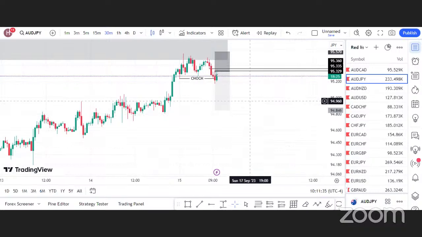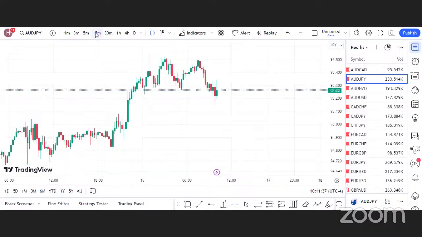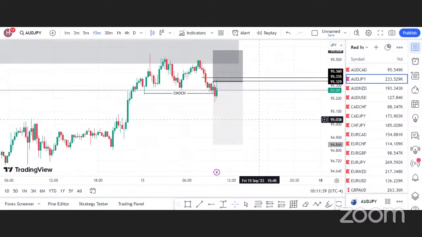Let's wait for this market to close. Let's wait for that candle to close and then see if we are getting a proper rejection there.